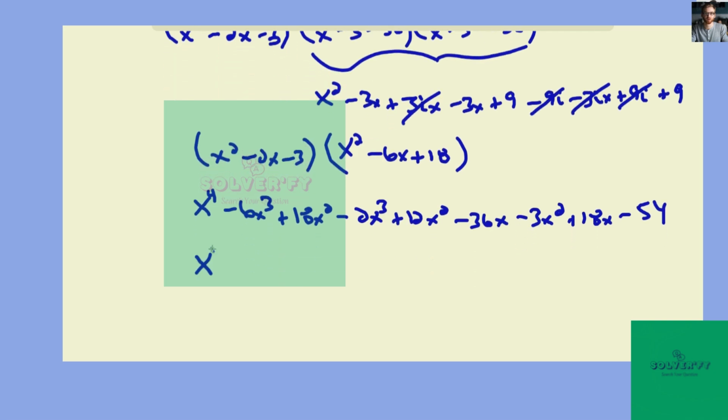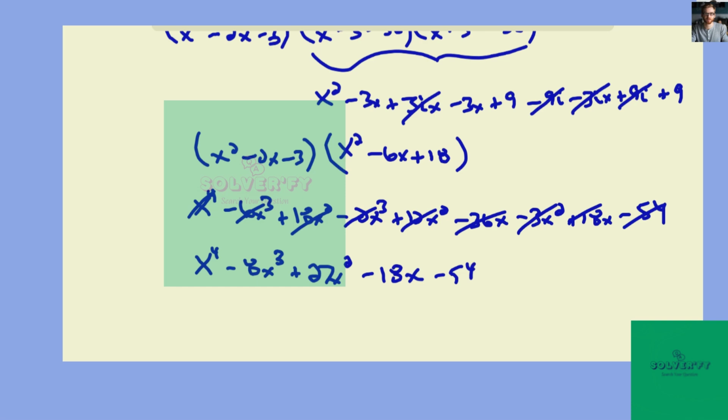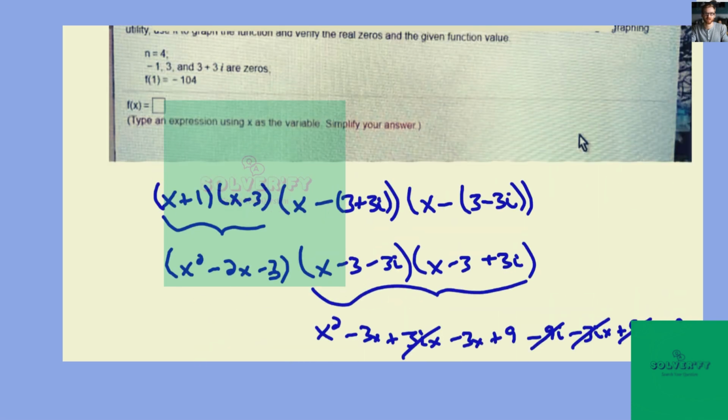Combine like terms, x to the 4th, and we got minus 8x cubed, and then plus 30x squared, plus 27x squared, excuse me. And then a negative 36 plus 18 is a negative 18x, and minus 54.